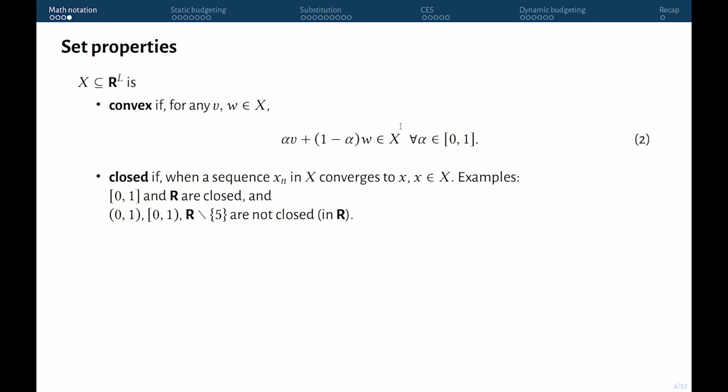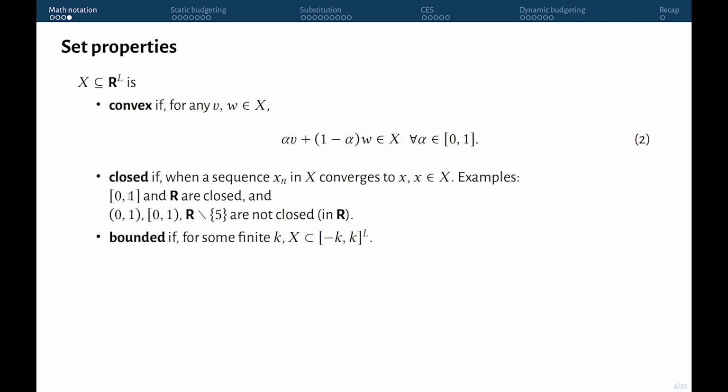Okay, so like, the closed unit interval, that's going to be closed because any sequence in it, if it converges to something, that'll itself be within the interval. But the open unit interval there, that's not closed because you can have a sequence like 1 over x again, which converges to 0, and 0 is outside the set.